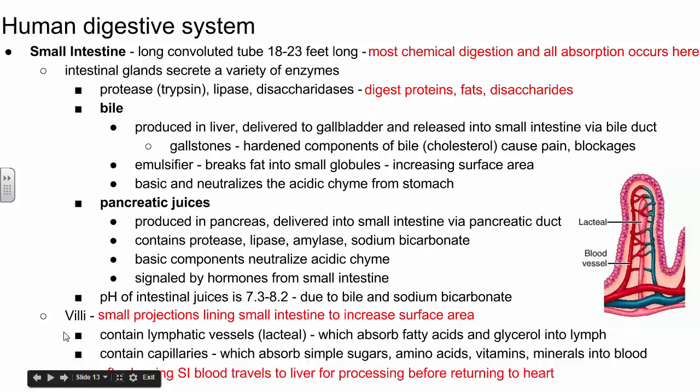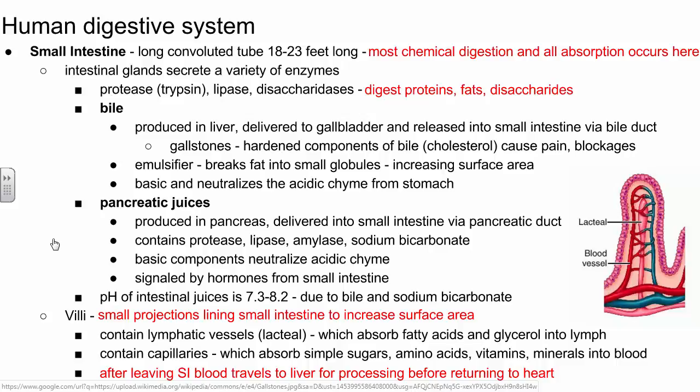Also, after leaving most of the digestive system, the blood going into the capillary is in an artery, and then the blood on its way back is called the vein. So the capillaries lead here, and then the veins lead out. Most of that blood actually heads to the liver first, so it doesn't go directly back to the heart.